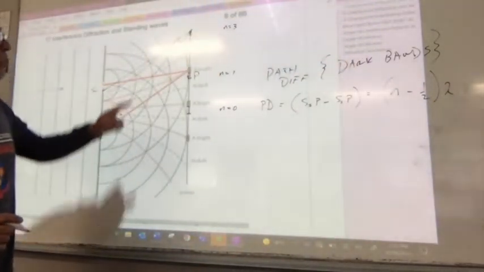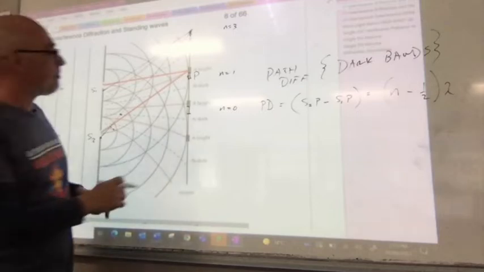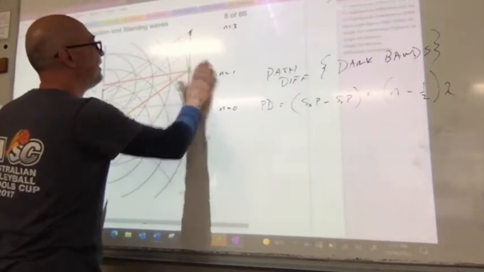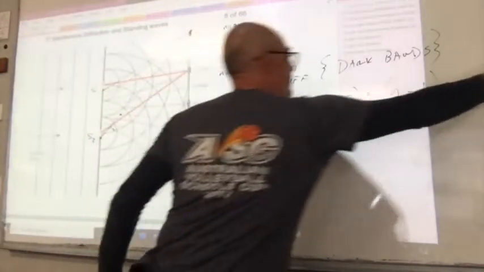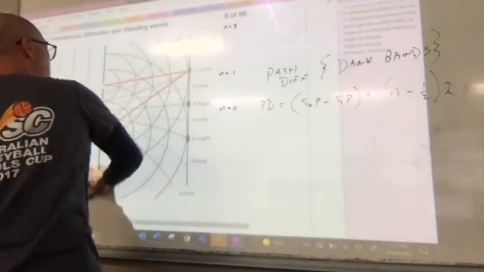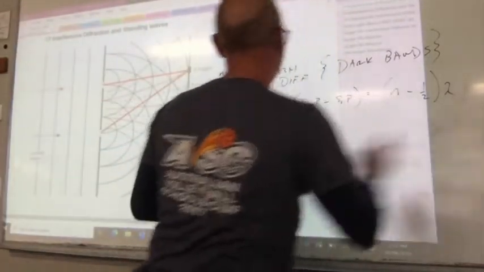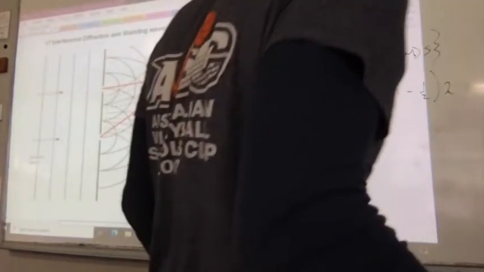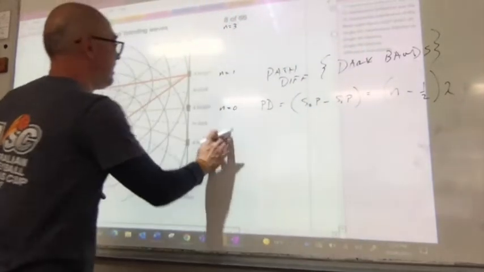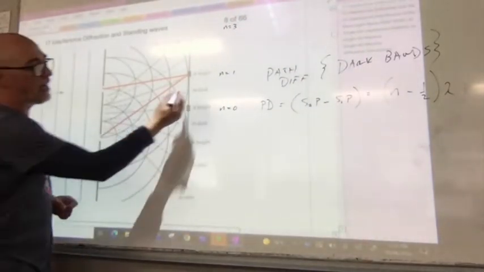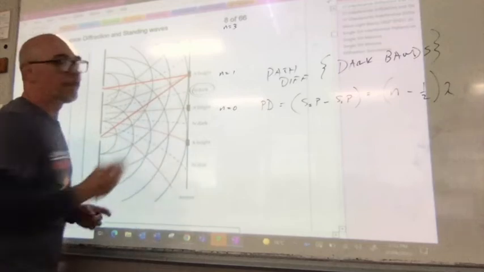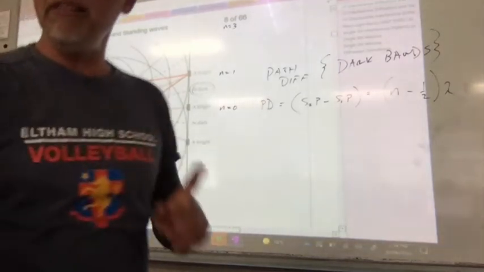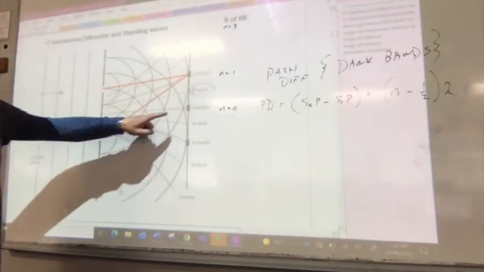So you need to go from the middle. Oops, I've moved all these, haven't I? Okay, from the middle. Let's get rid of all of this here so we can look at this one properly. So if n equals, I could just move the screen slightly. Yeah, it's a bit better. For the first dark band, I can't go all the way to lambda.